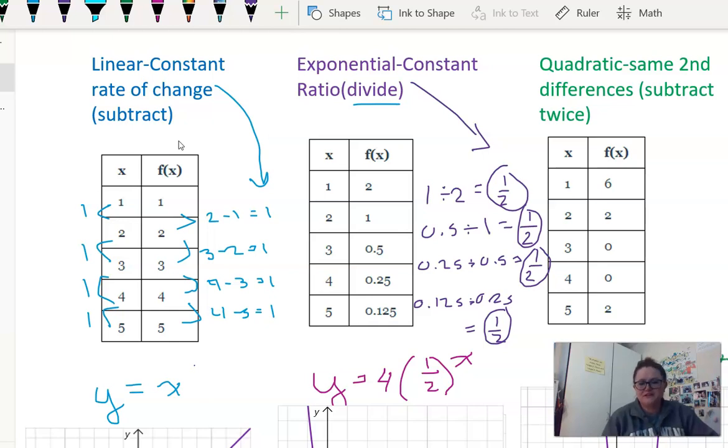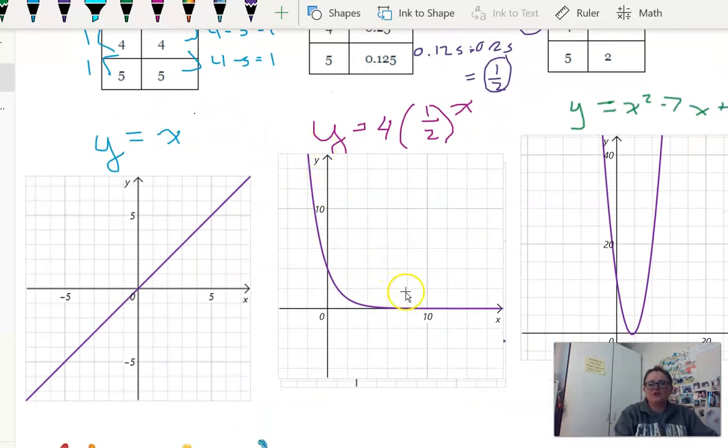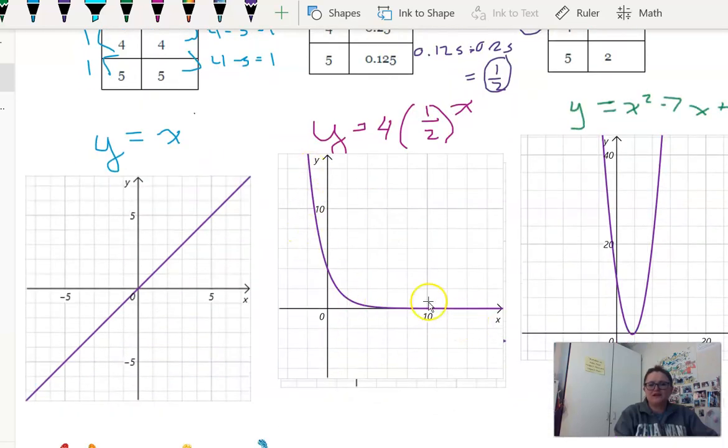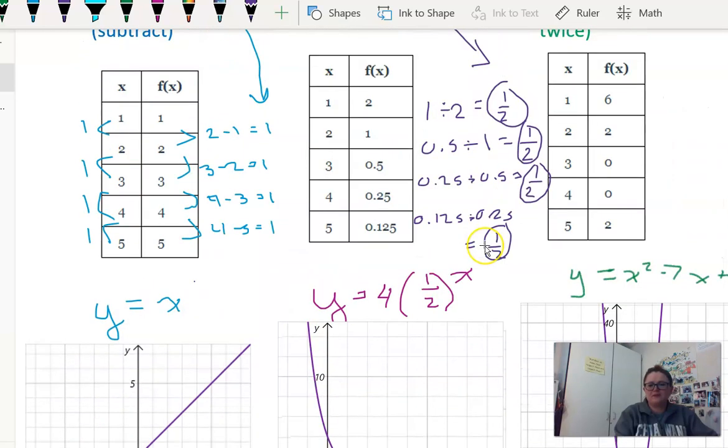So you can see down here, here's our function, y equals 4 times 1/2 to the power of x, because if we went back to where x is 0, we'd be at 4. That's where that 1/2 is coming from. And when we graph this, we get a curve. And because the numbers are getting smaller, our graph is curving down. Obviously, if they were getting bigger, it would curve up.